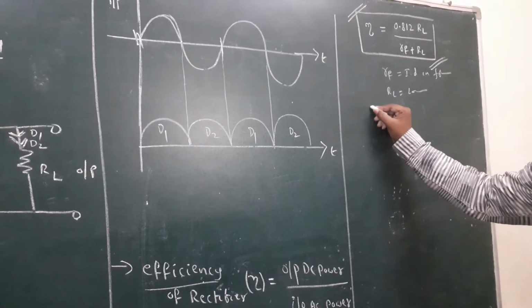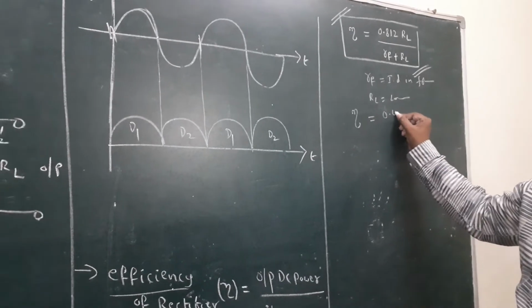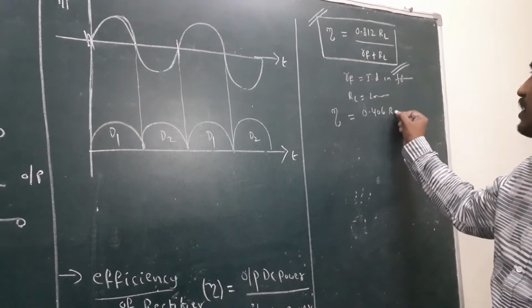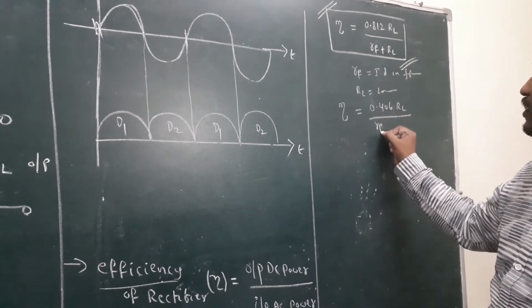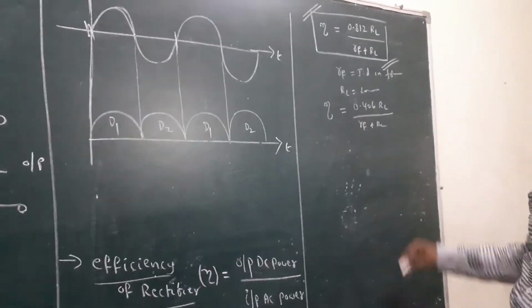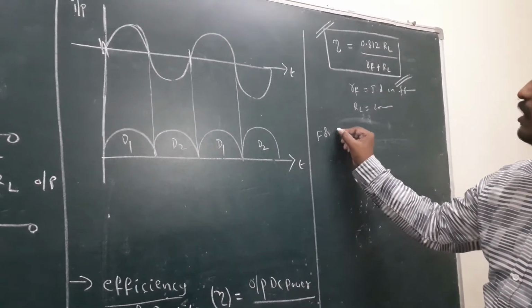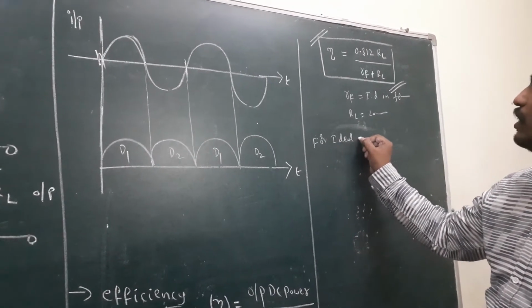Just a plus concept: eta, the efficiency of the half wave rectifier formula, is 0.406 RL by RF plus RL. Percentage, multiply by what? 100. For example, I take an ideal diode, nana.